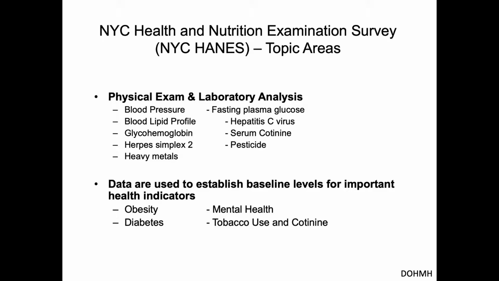For those of you who are not familiar, cotinine is a metabolite of nicotine that can be tested for in the blood. So we can look at things like exposure to secondhand smoke through looking at serum cotinine.